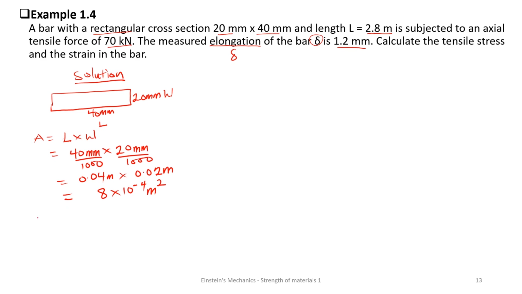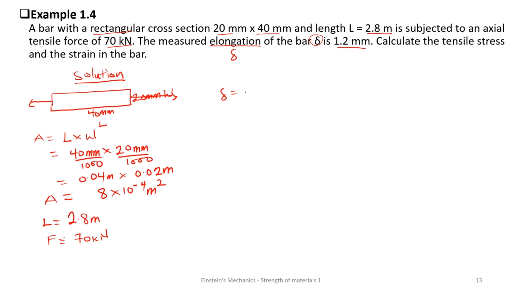We also have some parameters. We have the length, which was given to us as 2.8 meters already. We also have the force, the tensile force, meaning it was in tension, it was stretching it, so there will be an elongation. The tensile force was 70 kilonewtons, and we have the elongation.